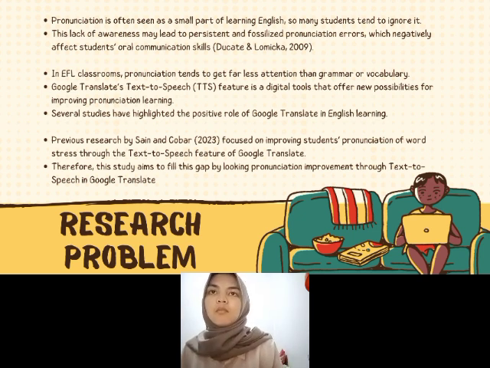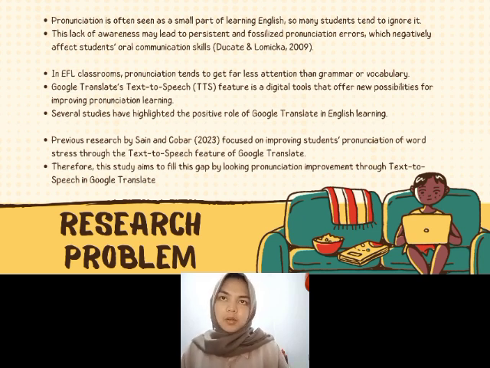Not only in real-life vocabulary, in many EFL classrooms, pronunciation tends to get far less attention than grammar and vocabulary. Students rarely get access to clear pronunciation models and have limited practice opportunities. Teachers also struggle to give detailed feedback because of limited class time.